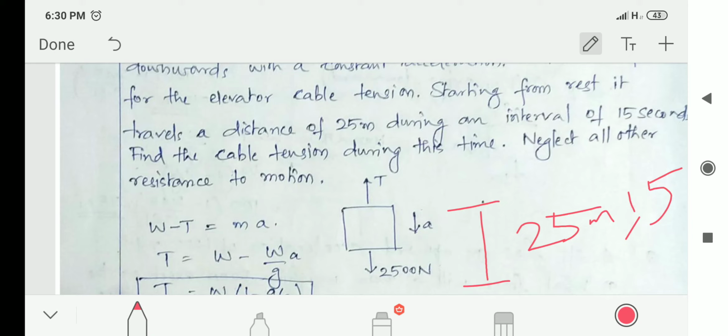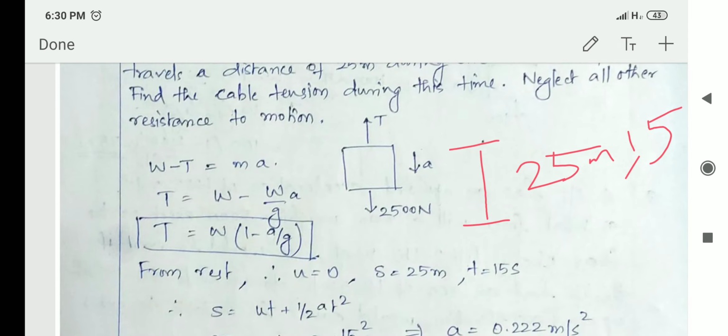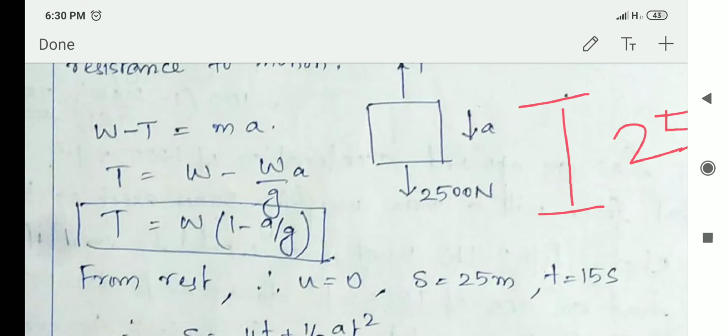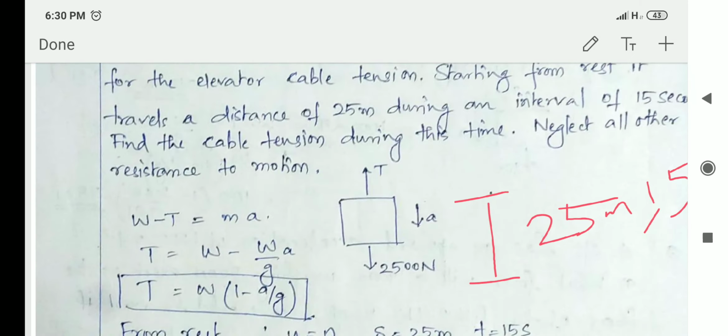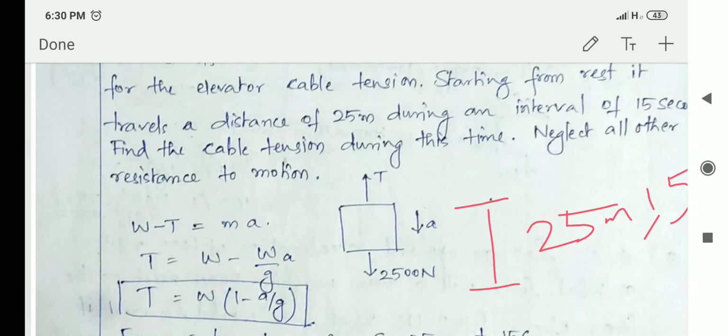So we need to find the actual value of tension. From this equation we are clear that T equals W into (1 minus A by G). W is already specified as 2500 and G we already know. So if we get A, we can solve this problem, right? So from the data given here, we need to find the acceleration.